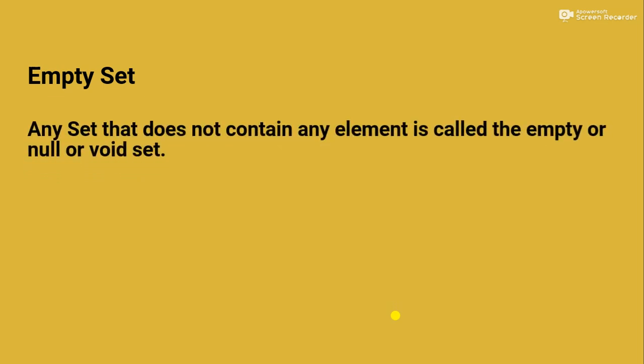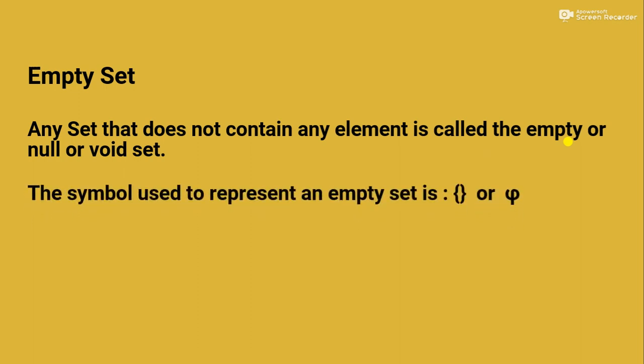Now we are going to learn about the empty set. Any set that does not contain any element is called an empty set or null set or void set. And the symbol used to represent the empty set is the empty curly braces or the symbol called phi.